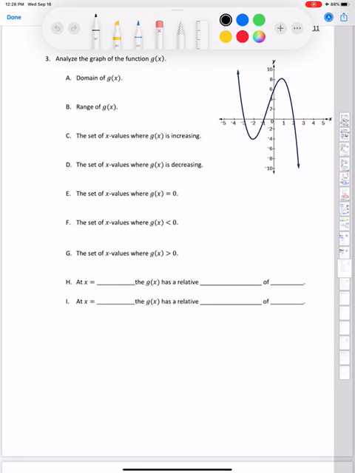So we got this function g of x graphed over here to decide, which domain, of course, are all the x values, right? So that's where our graph takes place on the x-axis. So, I mean, we could shade in where we see our graph right here in black, right? As we go from negative infinity to positive infinity, right? There's no breaks in this graph.